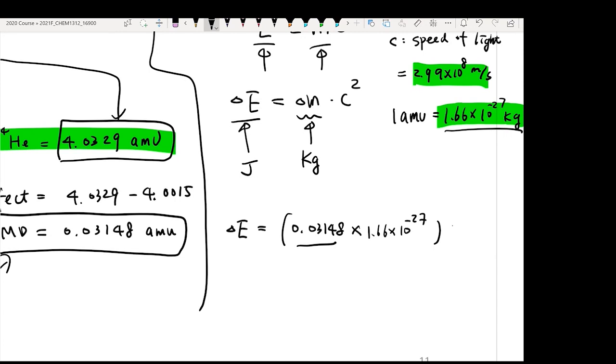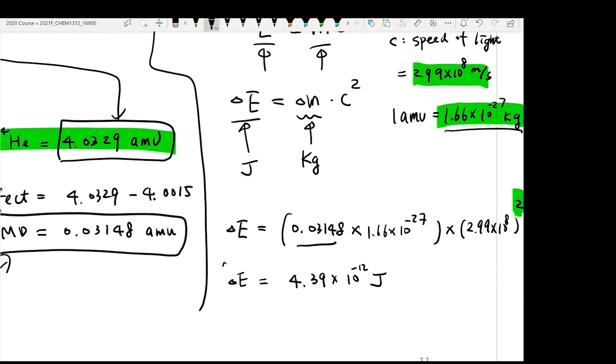Then you multiply by your speed of light, 2.99 times 10 to the 8th power, and don't forget to square it. Once you put everything in correctly, you get 4.39 times 10 to the negative 12 joules.